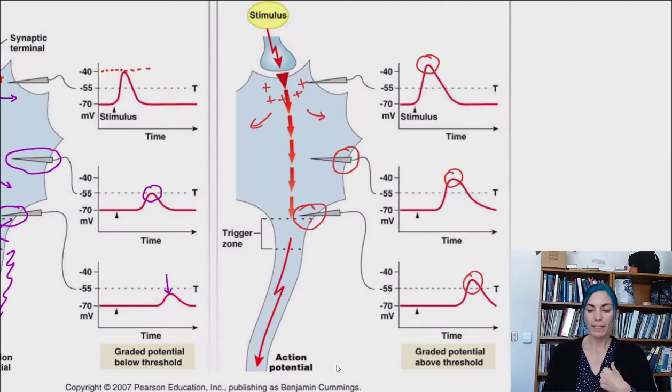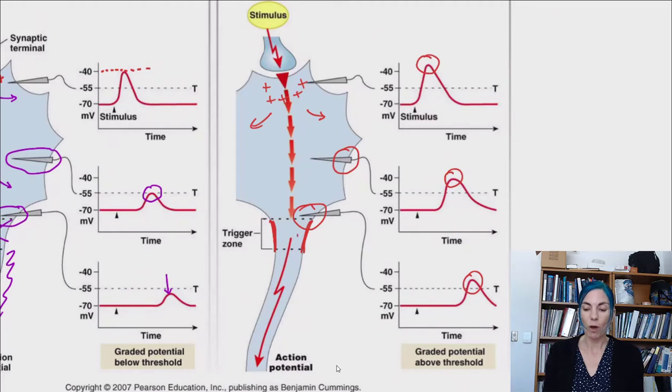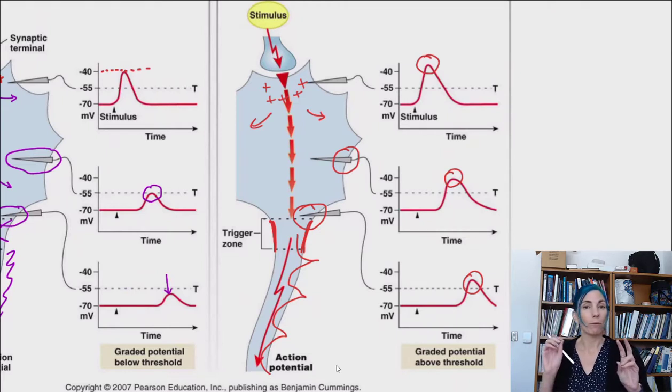So what's going to happen in this swath of membrane right here is the voltage sensitive gated sodium channels are going to open and start the events of an action potential, which then will automatically generate a series of action potentials that move down the length of the axon to the axon terminal. So this is why the axon hillock is referred to as the trigger zone. It's either green light, red light. There's no in between.